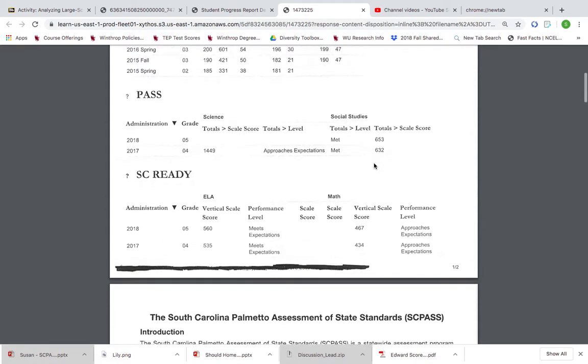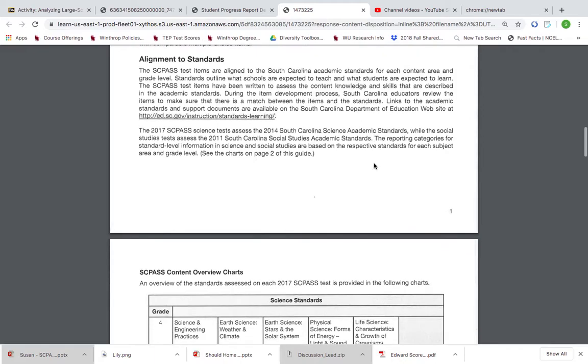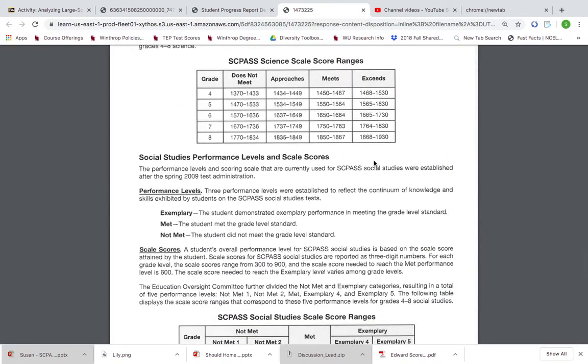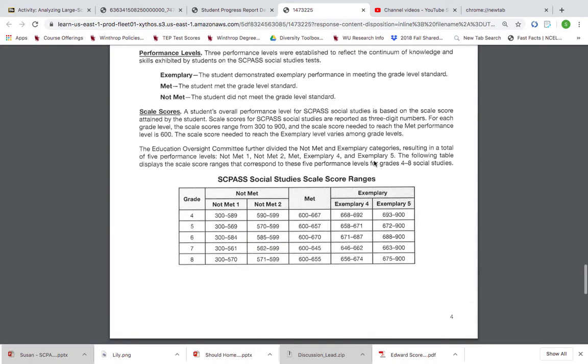Let's find that beautiful table we had earlier. He had a 653. All right, here we are. Grade 5, 653. You'll notice that he met the expectation, right? Because he's falling into that range of 600 to 657.